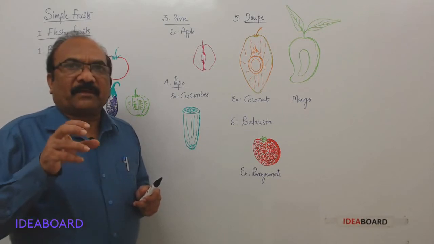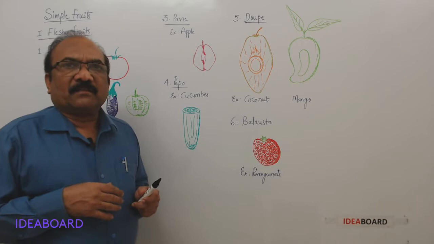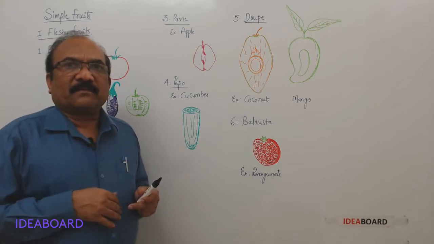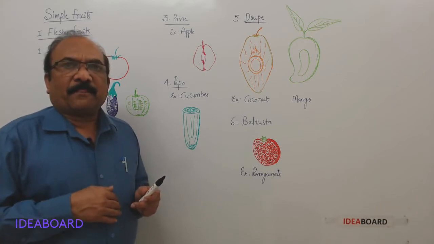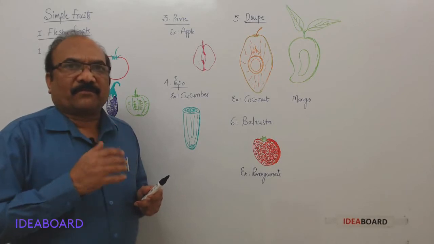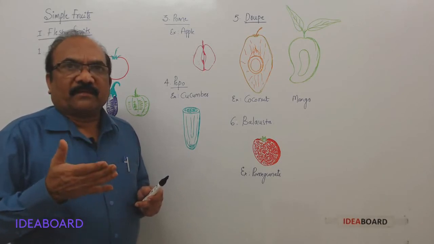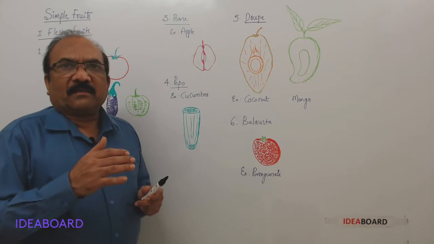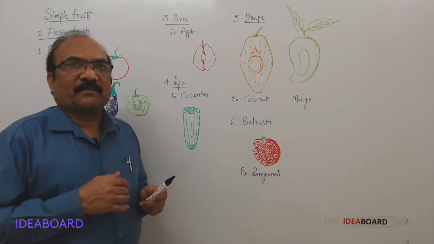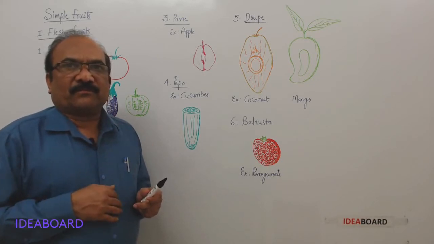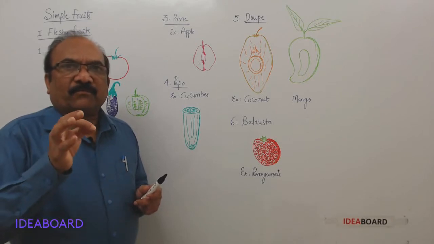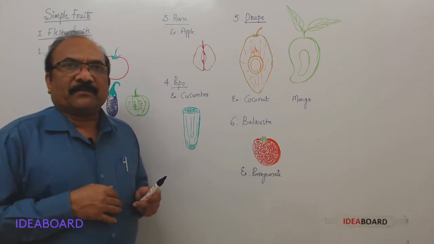If the pericarp retains the moisture even after detachment from the plant, then they are called fleshy fruits. If they lose moisture even before detachment, then they are called dry fruits. The fruit wall is technically called pericarp.